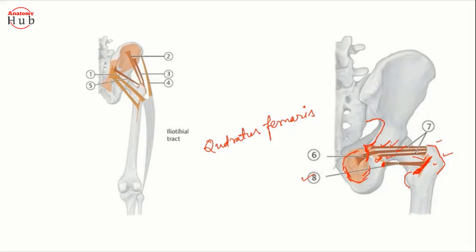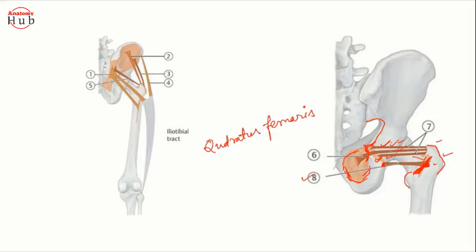At this intertrochanteric crest you'll find a tubercle, and this tubercle is known as your quadratus tubercle. So this quadratus femoris takes insertion at the intertrochanteric crest of the femur, particularly the quadratus tubercle.